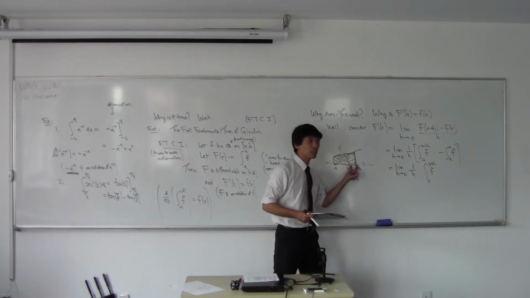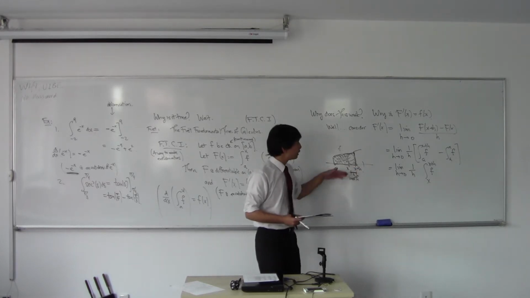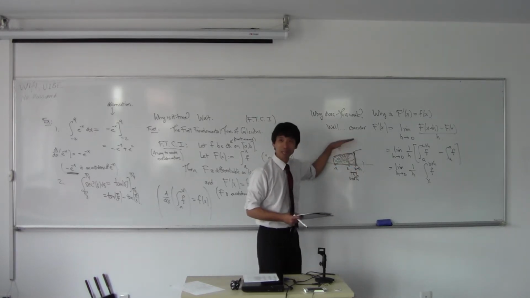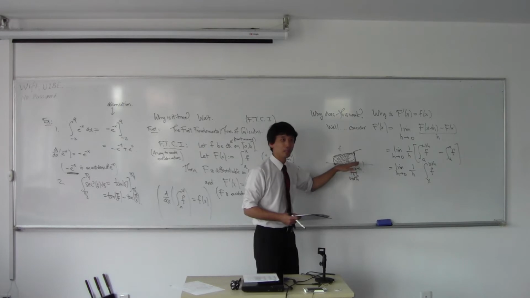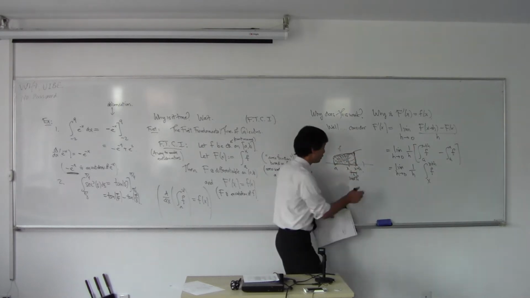It's the width. So you're taking this area and then you're dividing by the width. What does that give you? It'll give you a height. But what does that height represent? The average height, exactly, very good. That will be the average height.